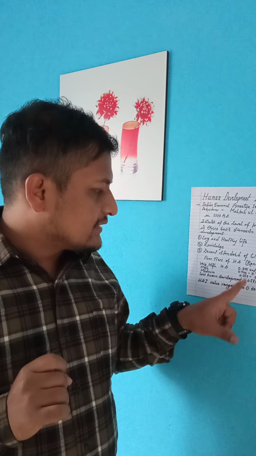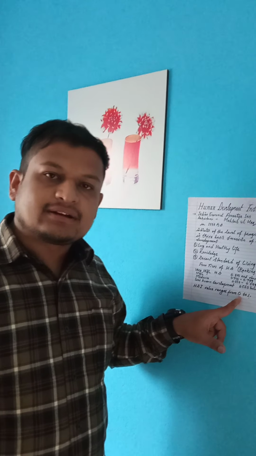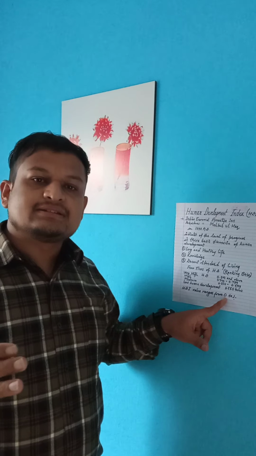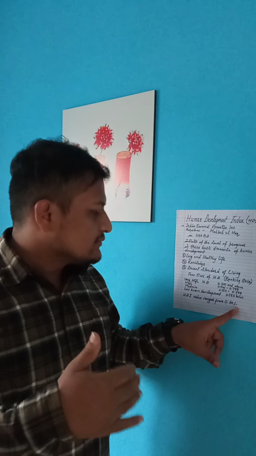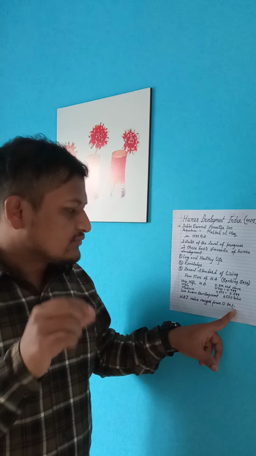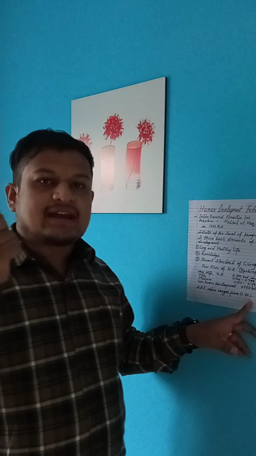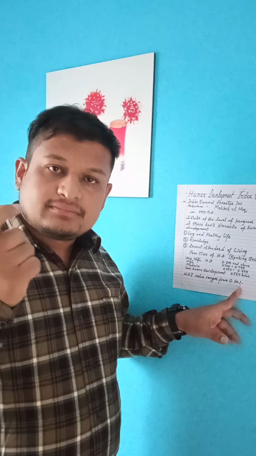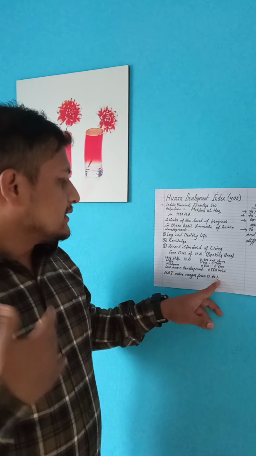If any country has the lowest HDI, it has to be understood that the country's human well-being is not good at all. But if a country has an HDI score of 1, then it's understood that the country has the highest living standard of people, or highest human development.